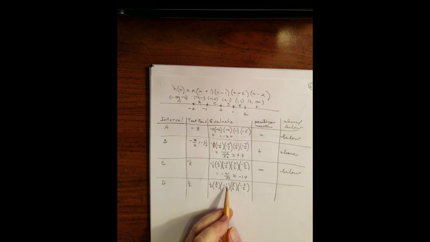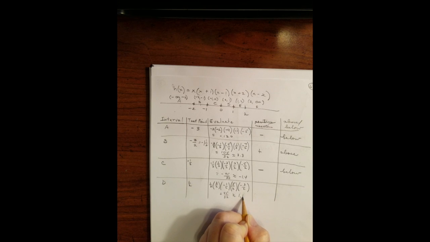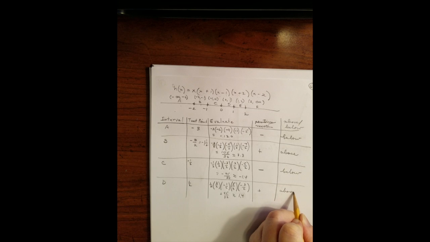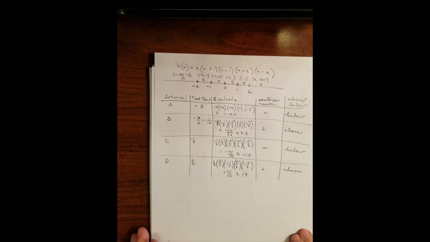And if we multiply all that out, we should get a positive 45 over 32, which is approximately 1.4, and that's positive, so our graph should be above the x-axis.